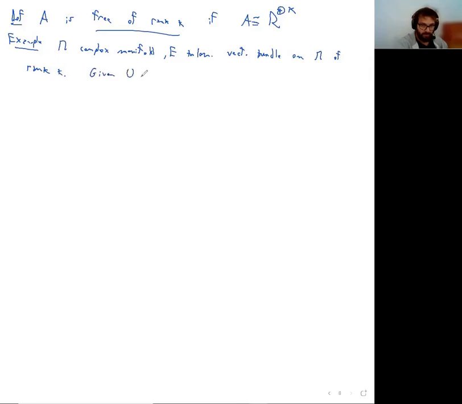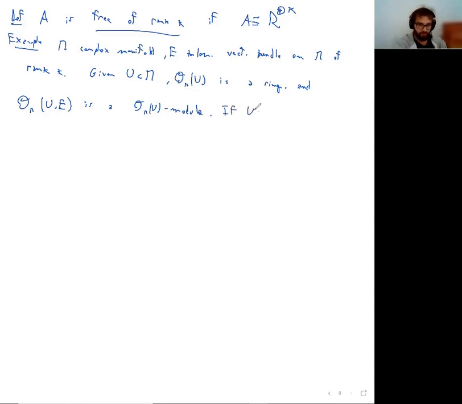If we take an open subset U, then the space of holomorphic functions is a ring. Particularly, it's an abelian ring with unity. So what we like as rings in this section. And the space of sections from U to E is a module over this ring. Yeah, if you have a section and you multiply it times a function, this is still a section.